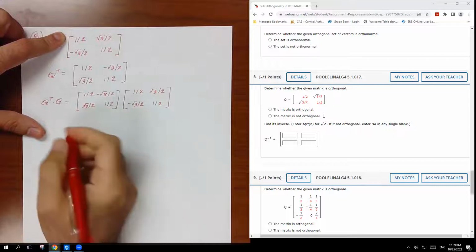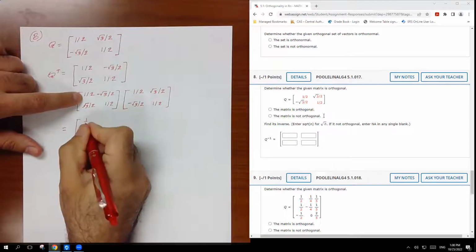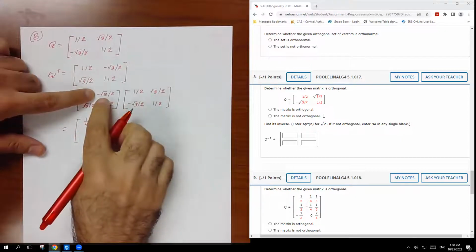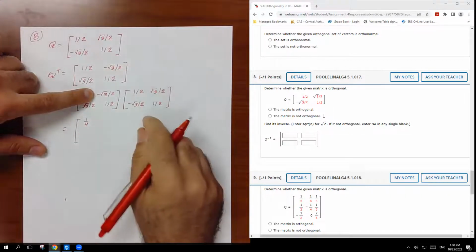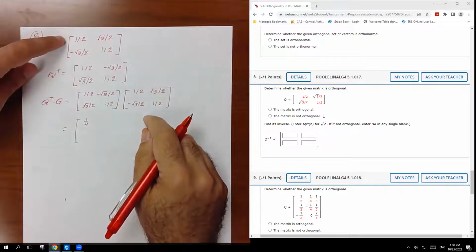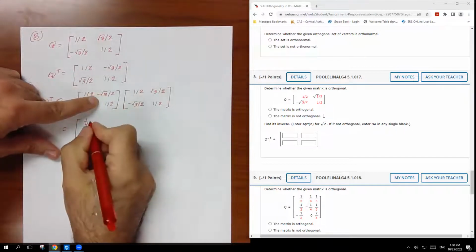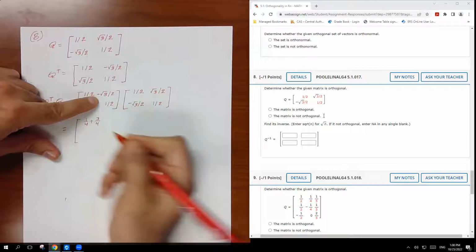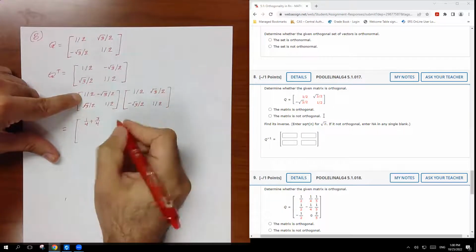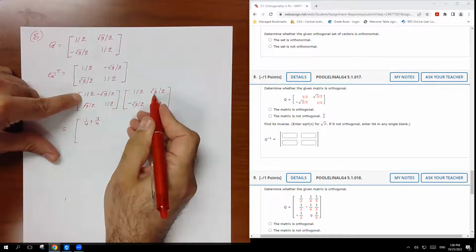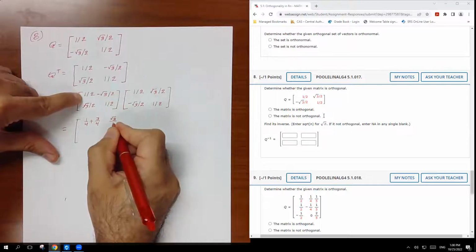The multiplication between these two matrices is going to be half times half, which is 1/4, plus 3/4, since this is the transpose and here is the original Q. And the first row times the second column, so it's going to be 1/2 times square root of 3 divided by 2, which is square root of 3 divided by 4.